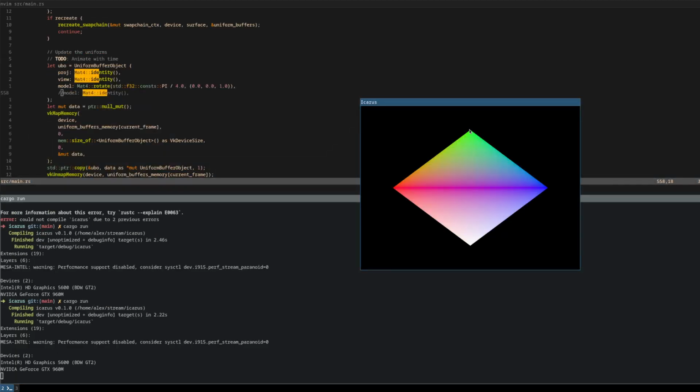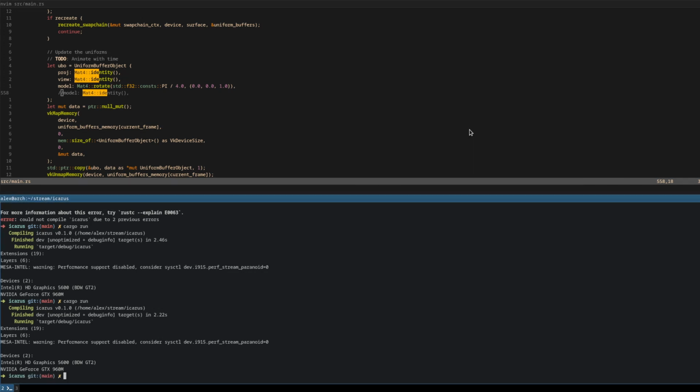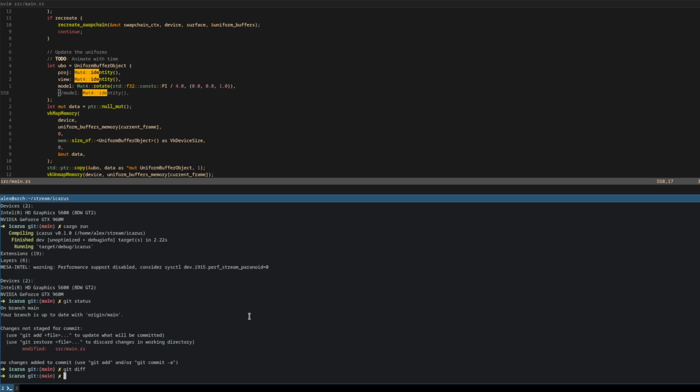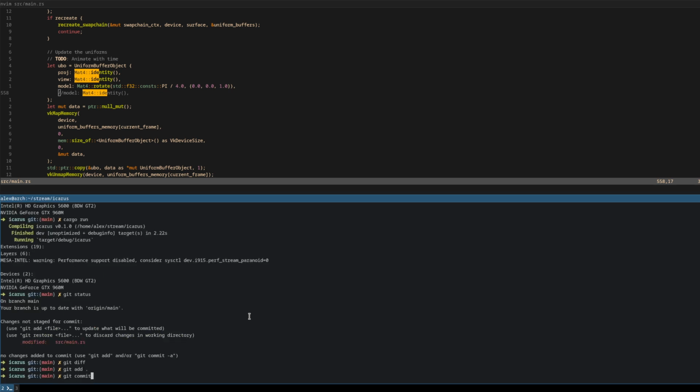Yes, yes. Very nice. So we have a rotating matrix now. Status, apply a rotation to the rectangle using uniforms.